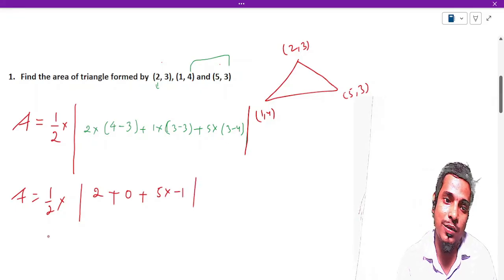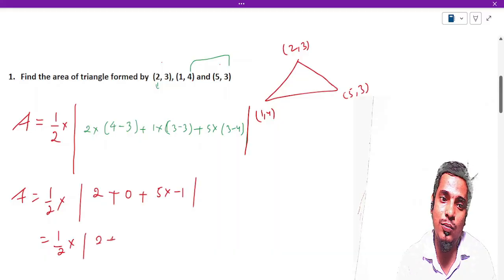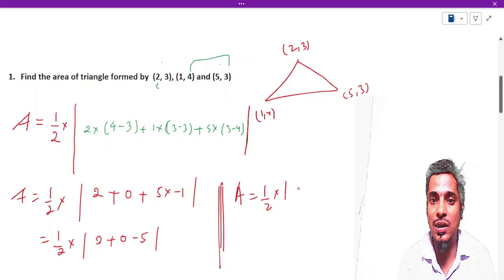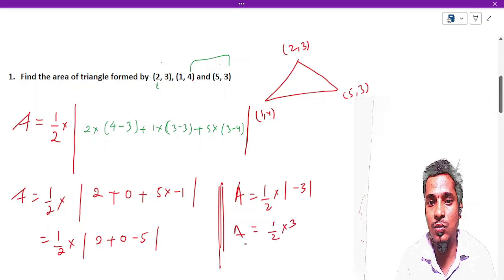Once we simplify further, we get half into 2 plus 0, 5 into minus 1 is minus 5. So area is half into 2 minus 5, which is minus 3. The absolute value of minus 3 is plus 3, so this is 3 by 2. So area is equal to 3 by 2 square units.